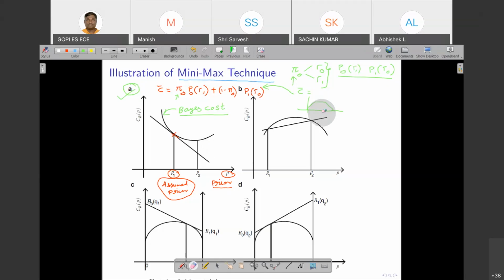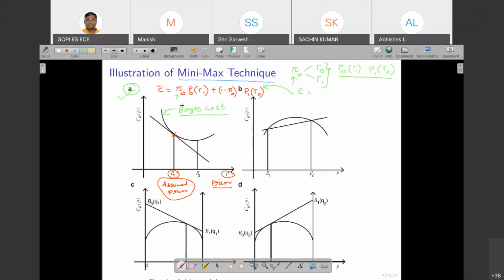This figure is more general, for the more general case. So I'm not saying the Bayes cost should look like this. The curve you see here is the Bayes cost for various values of the prior probability.